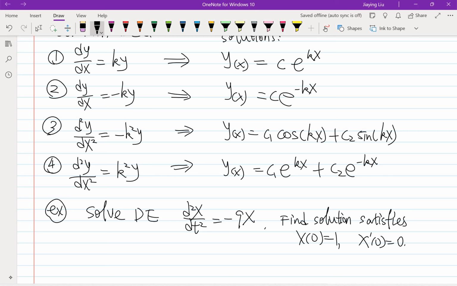So this is the differential equation, and we need to know what the solution is. And the solution has to satisfy not only this equation, but it also has to satisfy those two initial conditions.